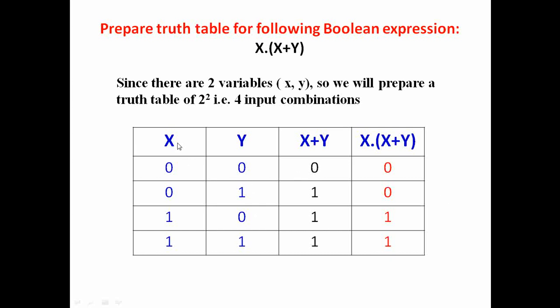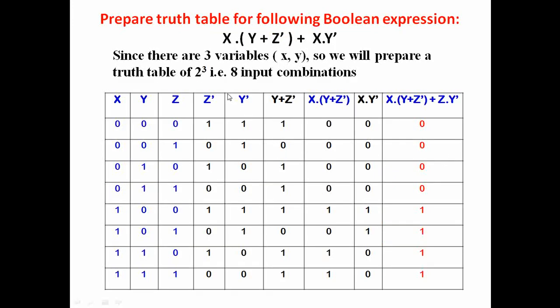So let us multiply this, x·(x + y). So 0 dot 0 is 0, then 0 dot 1 is also 0, 1 dot 1 is 1, and 1 dot 1 is also 1. So this is the truth table for x·(x + y). This is how we can make truth tables.